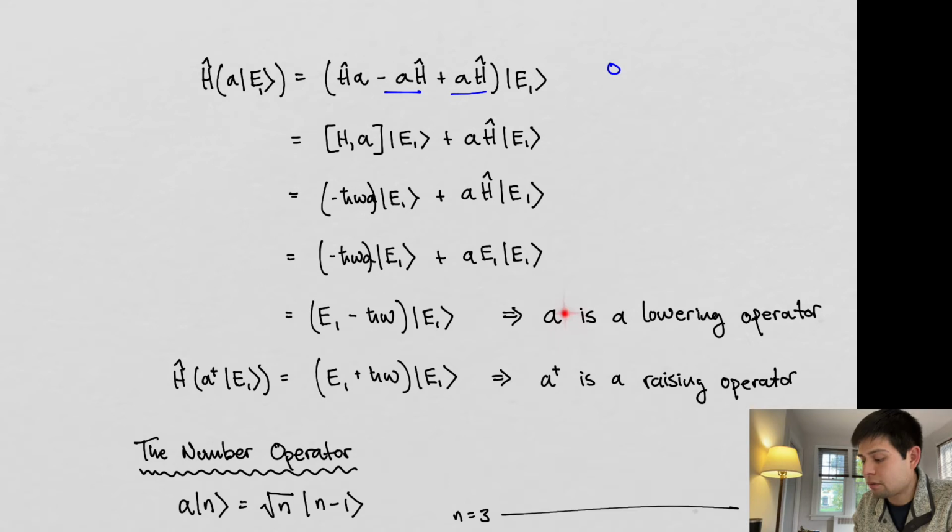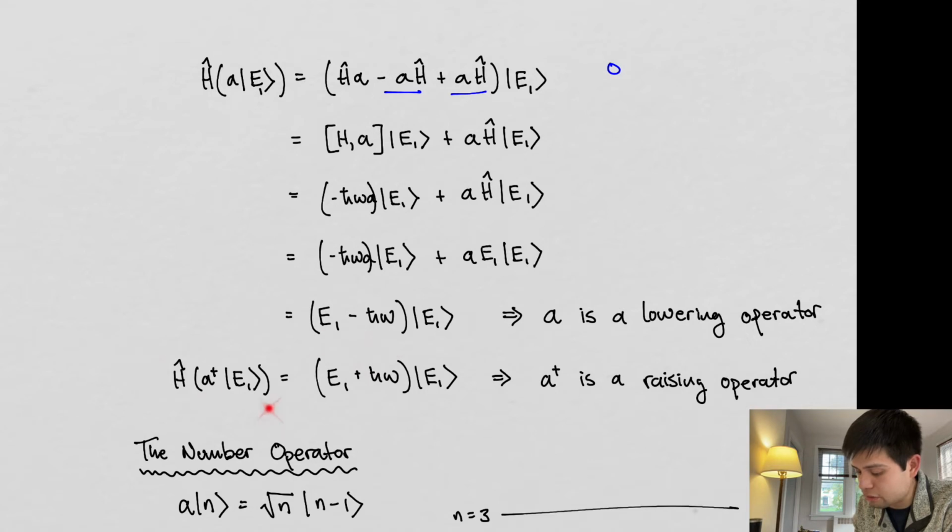Now we're able to see that this A, this variable that we really just arbitrarily defined in the last video, is a lowering operator. It lowers the energy of your harmonic oscillating system. Similarly, we can go through the same rigorous mathematical tools that we've used up here to get to this conclusion right here.